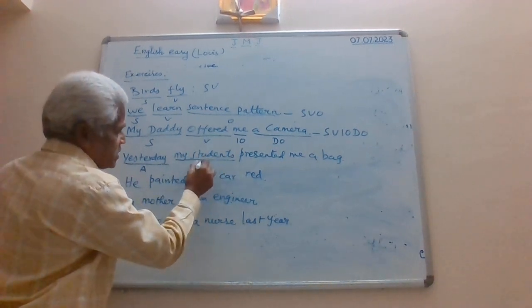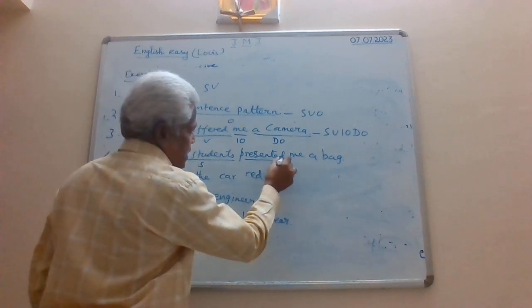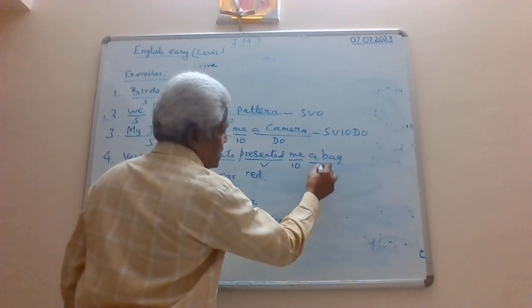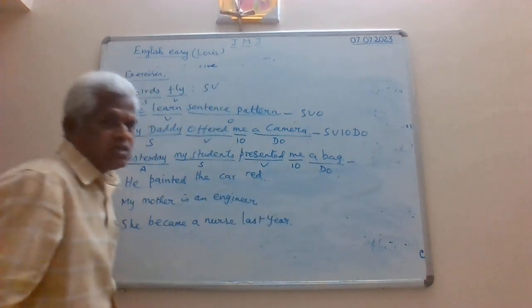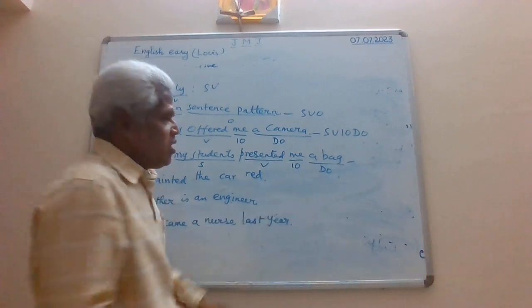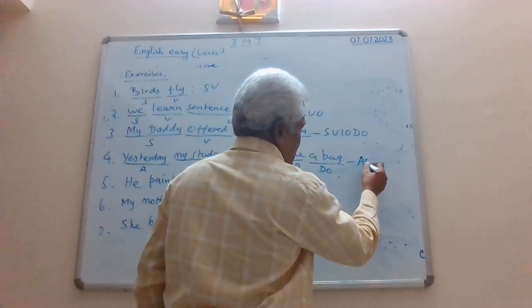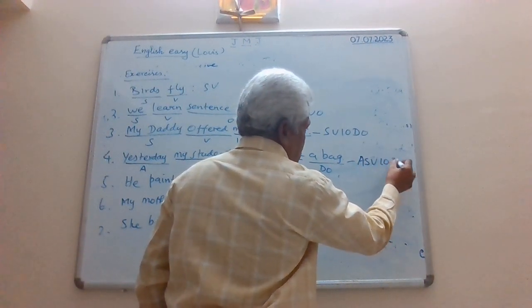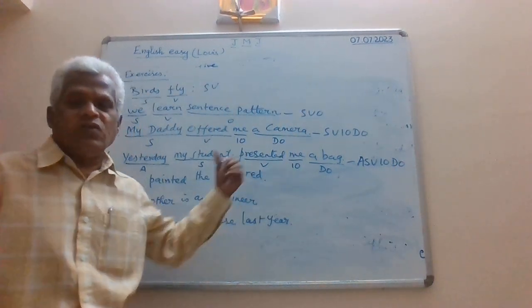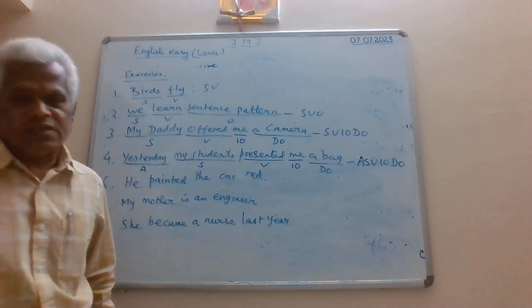My students is your subject. Presented is the verb. Me is an indirect object. Bag is the direct object. Now look at the pattern of the sentence: ASVIODO. The pattern of the sentence may vary depending upon the usage of the words at different places.